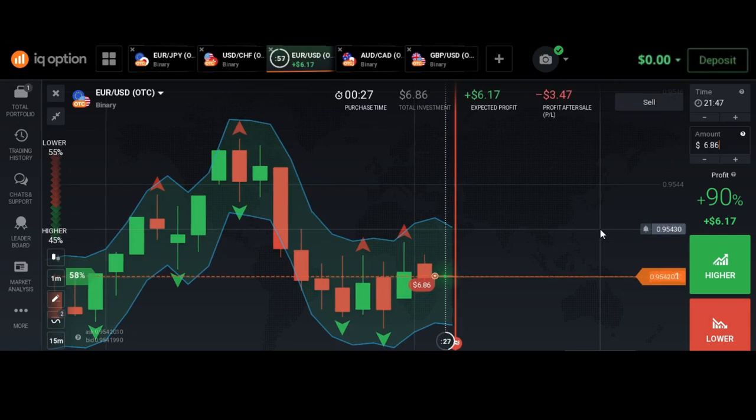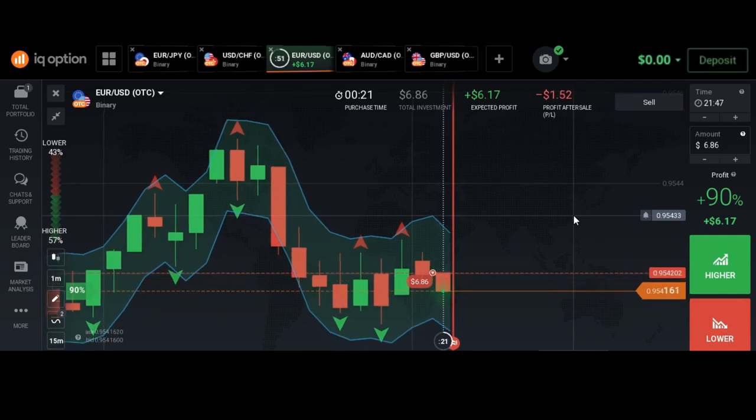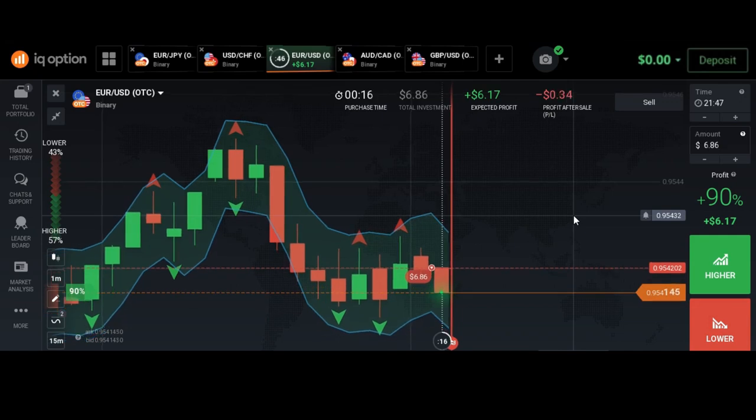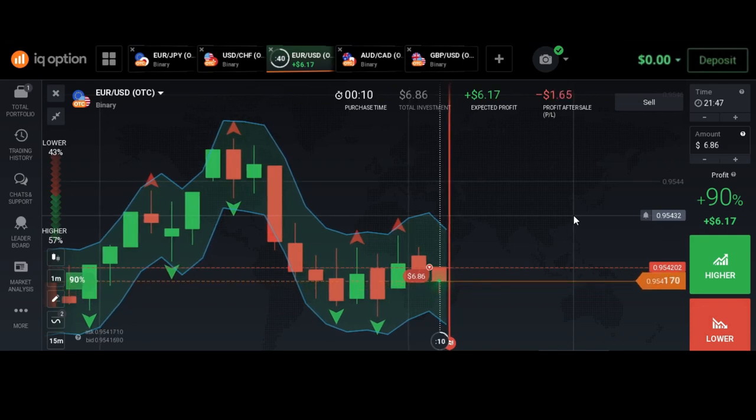The fractal that appeared is red, therefore it's very possible that the price will go down. So far we have been winning thanks to this strategy.